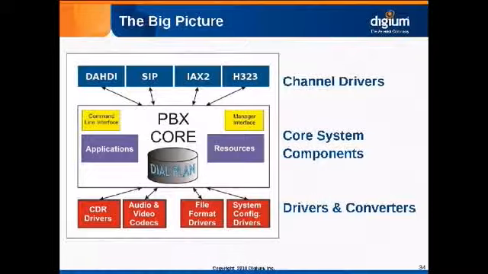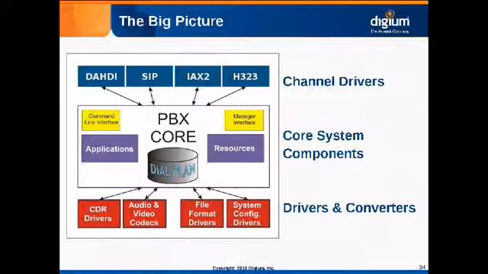These are the mathematical algorithms for shrinking down the audio or the video so it takes up less bandwidth. There's file format drivers that know how to read files from disk and write files out to disk. And then there's system configuration drivers, for saying, hey, how am I configured? What SIP devices am I supposed to talk to? What analog devices am I supposed to talk to? Those sorts of things. Those all feed into what we call the core of Asterisk.